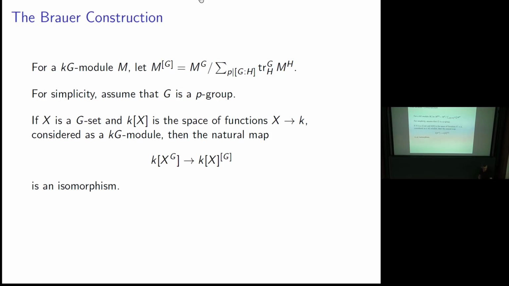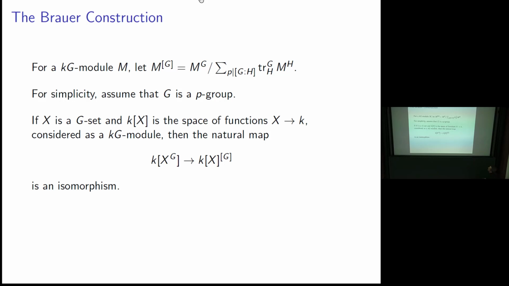And then you quotient out by the image of the transfer, and you can either hit this constant thing or not, depending on what the stabilizer is. Right, you should just try it yourself on one orbit, and then of course it's additive, so it applies to finite G-sets.